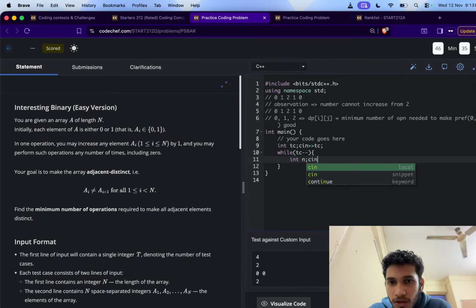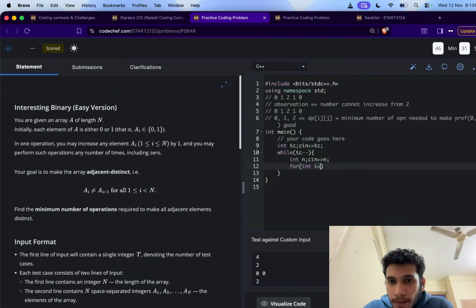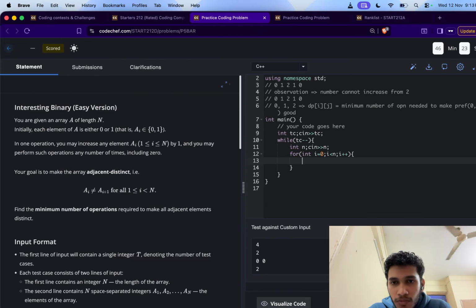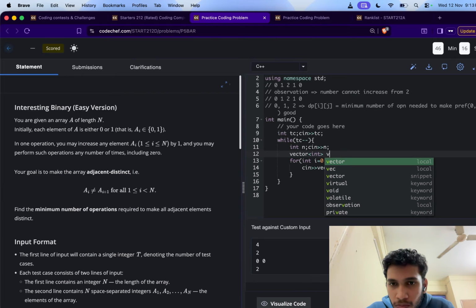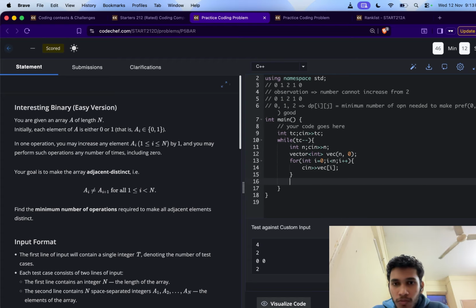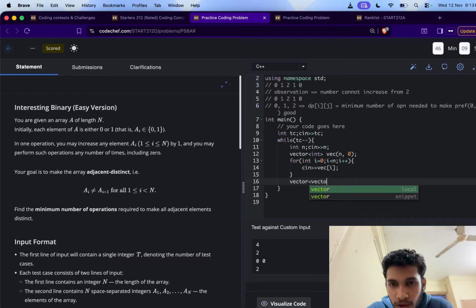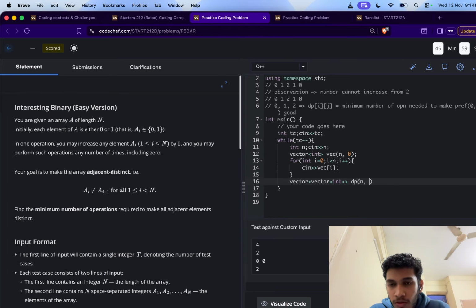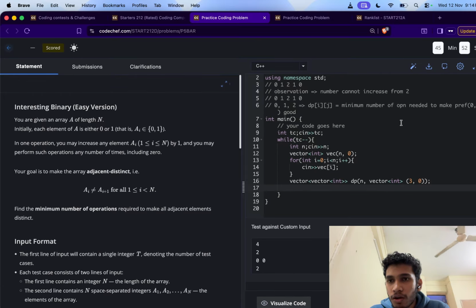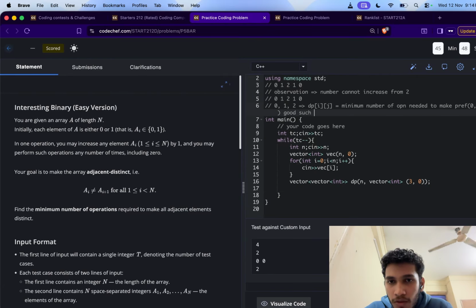First of all, take n as input. Now let's create a dp vector of size 3, with 0, 1, and 2, such that the new a of I equals j.